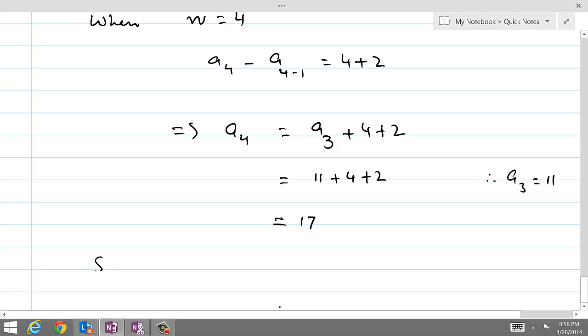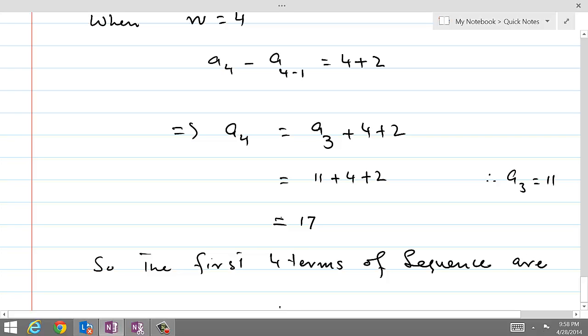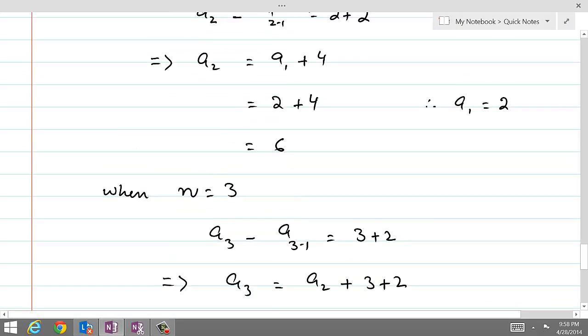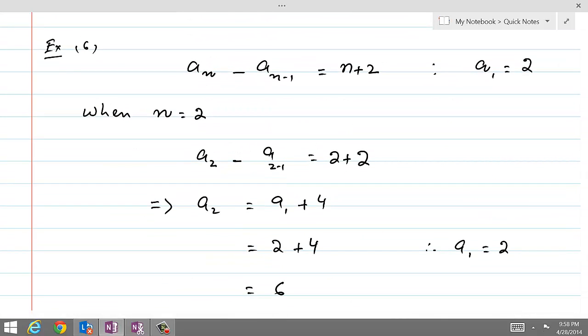So the first four terms of the sequence are, what are those terms? The first term was given, that was 2.